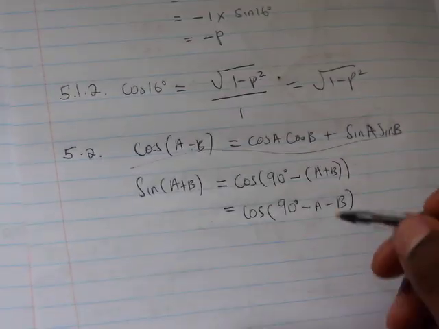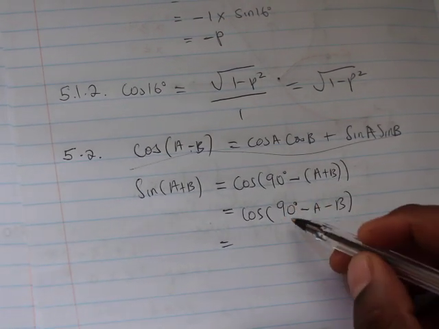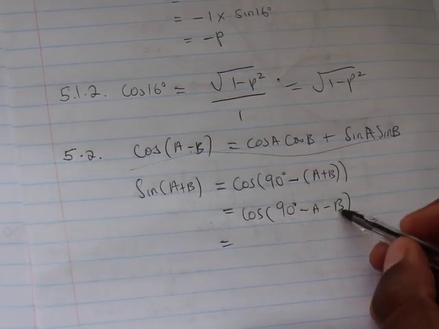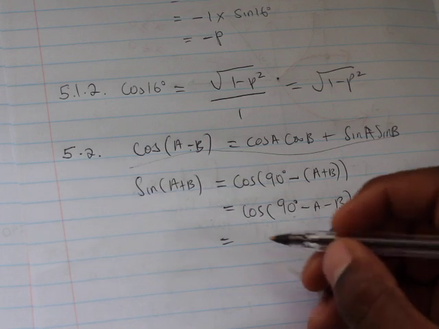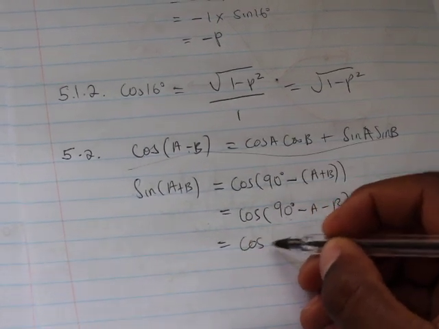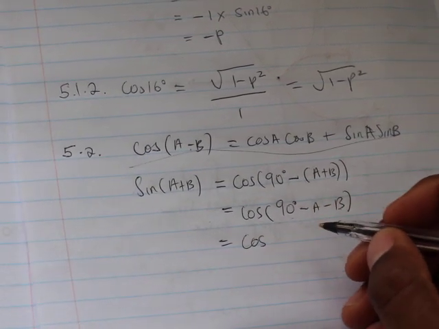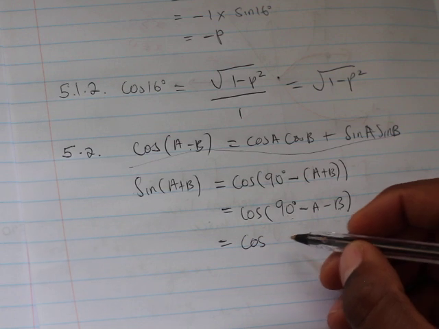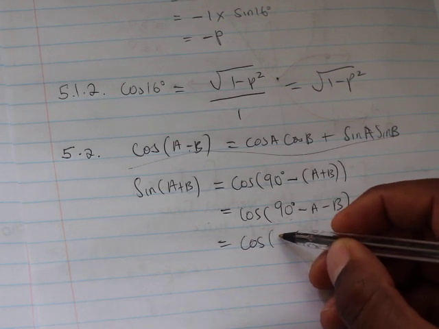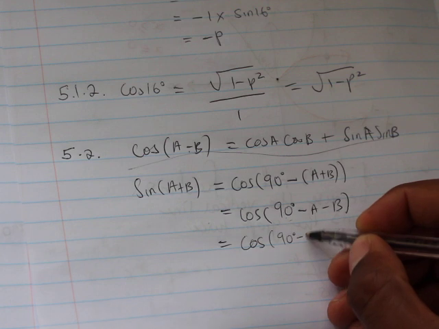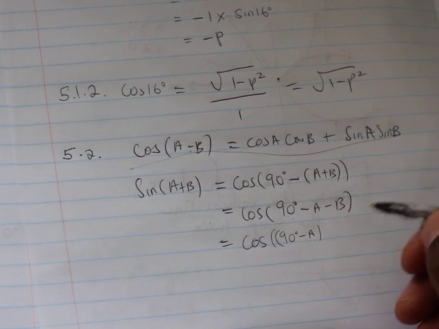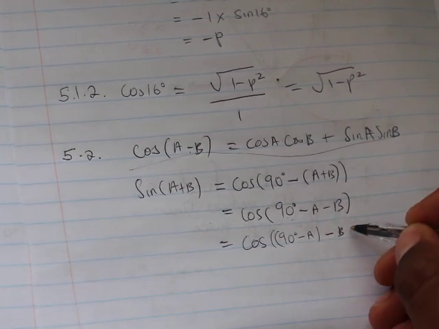Now we can either group the 90 and the a or the 90 and the b. Either way it's going to work. So the cosine of 90 degrees minus a, we put that in brackets, then minus b.